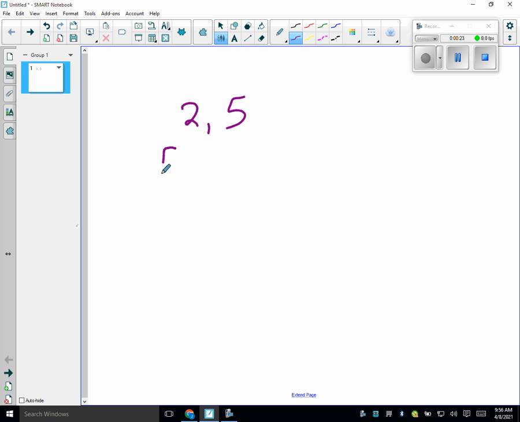So we should have 0 to 2, 2 to 5, and 5 to infinity, right? I pick a number in each one, put it in velocity. If it's positive, it's right. If it's negative, it's left. So you should be able to figure out which interval it's moving right.